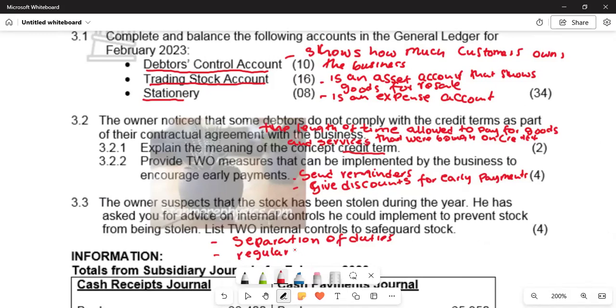Or stock must be kept in a safe place, or hire security guards to monitor the warehouse. Also, all purchases of goods should be properly authorized. So that is how we can try by all means to make internal controls to safeguard the stock.